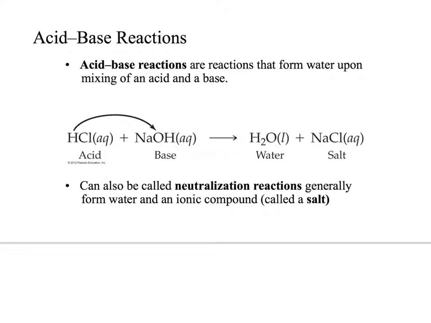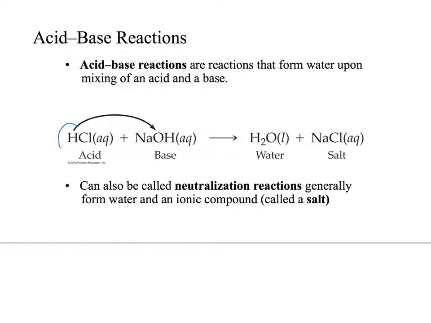Now we're used to table salt being sodium chloride, but anytime you have a metal and a non-metal in chemistry, we call that a salt. This is called a neutralization reaction because you're neutralizing the acid and the base, which both have corrosive properties, and when you put them together, it neutralizes them to create water, which of course is non-corrosive.